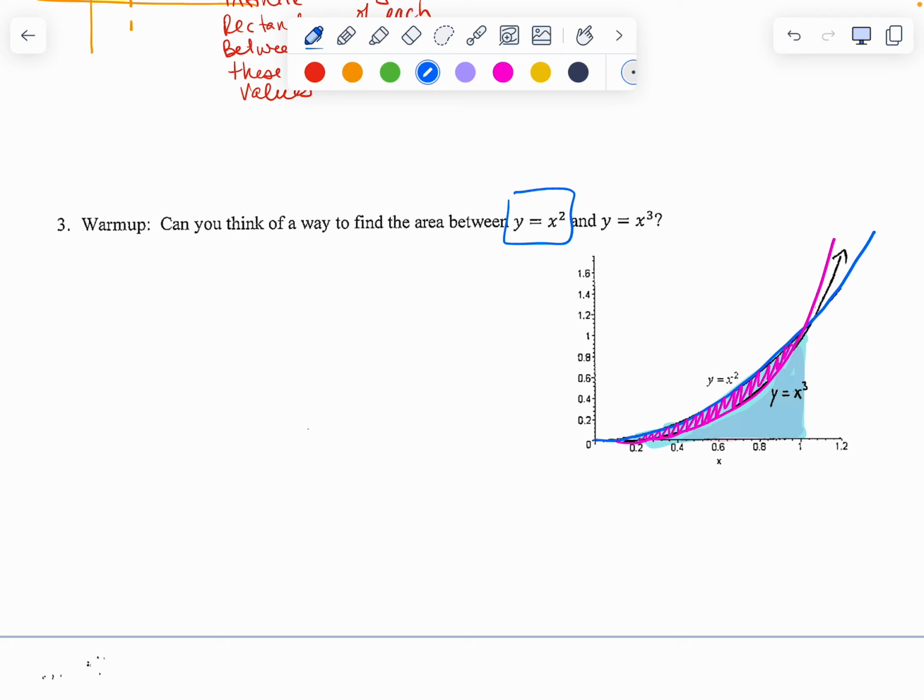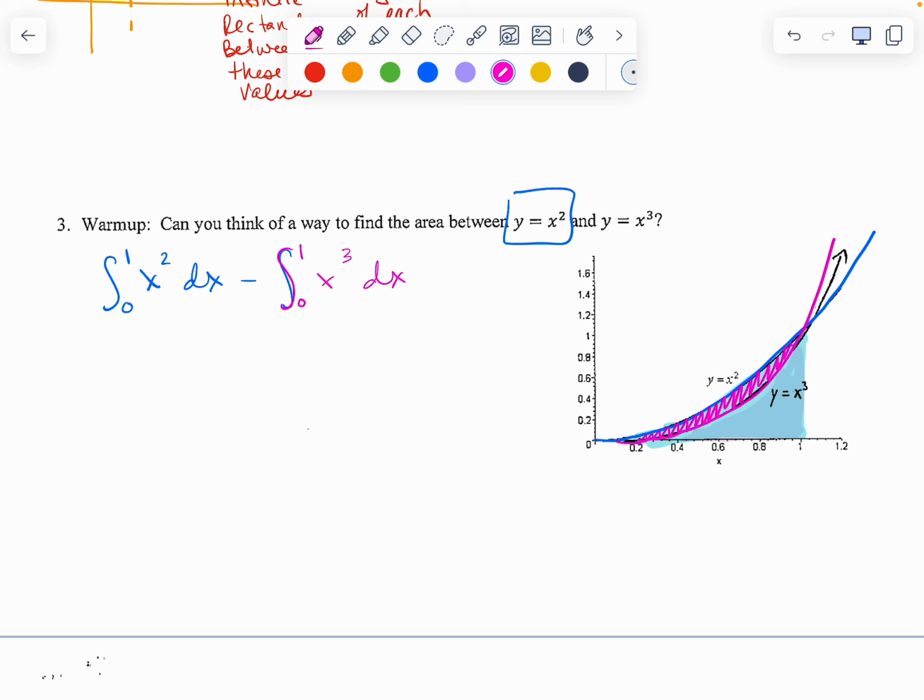So if I think then about the area under the pink curve and subtracting them, that's how I can find geometrically those areas. So I want to find the integral from 0 to 1 of x squared dx, which is on top, and I'm going to subtract the integral from 0 to 1 of x to the third dx, which is on bottom. So it's going to be the top area minus the bottom area, and that will leave me my tiny little sliver.